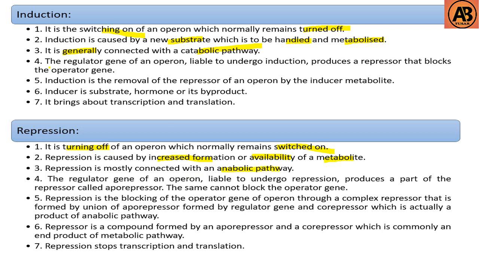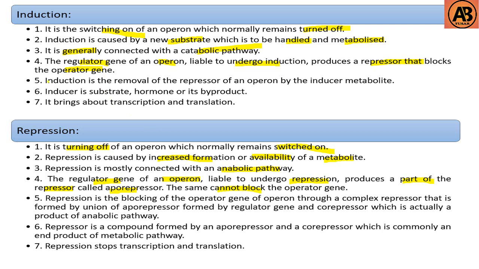Fourth difference: the regulatory gene of an operon liable to undergo induction produces a repressor that blocks the operator gene, and the regulatory gene of an operon liable to undergo repression produces a part of the repressor called the aporepressor. The same cannot block the operator gene.